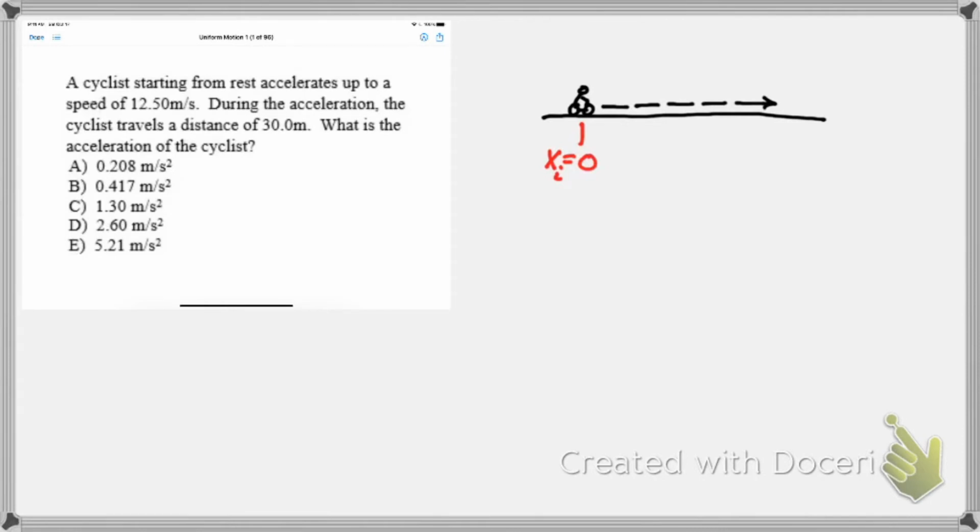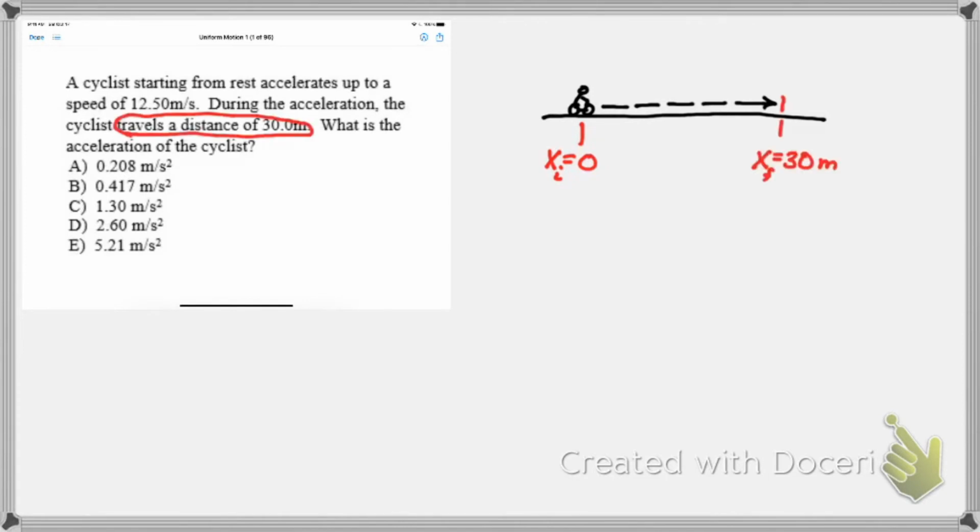So the initial position of this cyclist, I choose to be x equals 0. That's my choice. Not a given in the problem, but a thing that in physics you know you can do. You can choose where x equals 0 is. And that's a powerful, powerful thing.